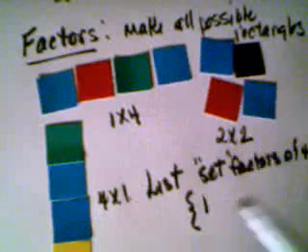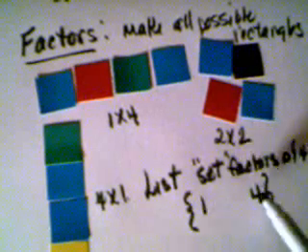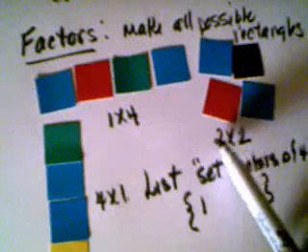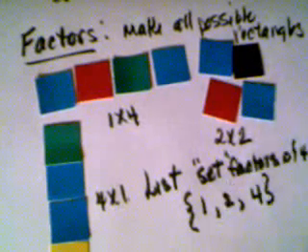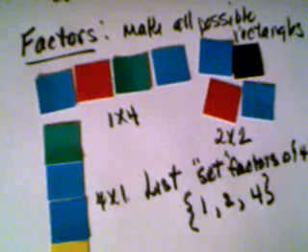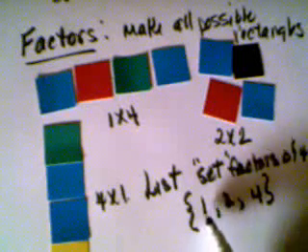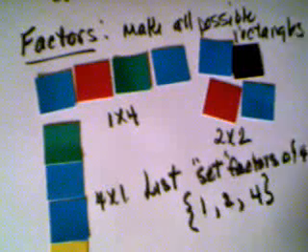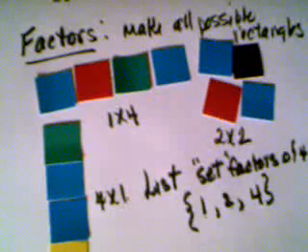I list them in the order they occur. So I would have 1 and 4. And 2 by 2, I do not duplicate the numbers. So the set of factors of 4 would be 1, 2, and 4, because that's the rectangles that I can make.